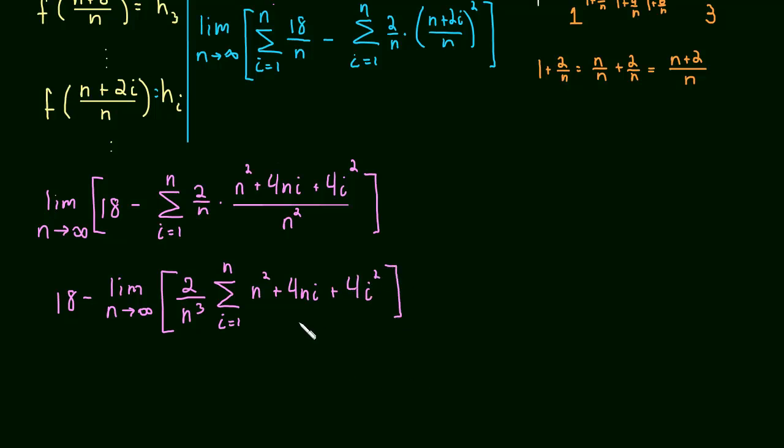And now I'm running out of time a little bit. So the way that we would end up solving this is now break this up into three sums. So actually, let me write that last step, and then I'll let you evaluate from there.